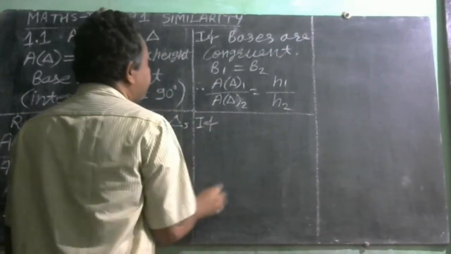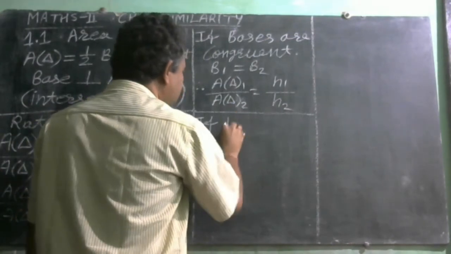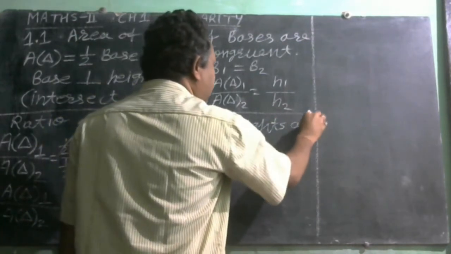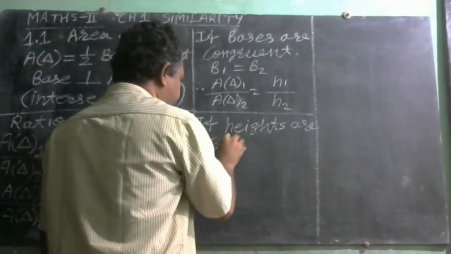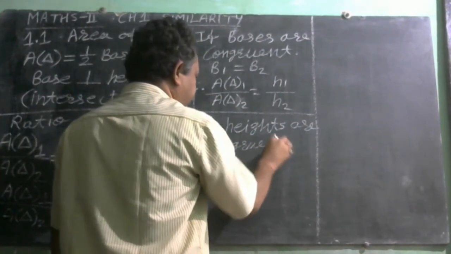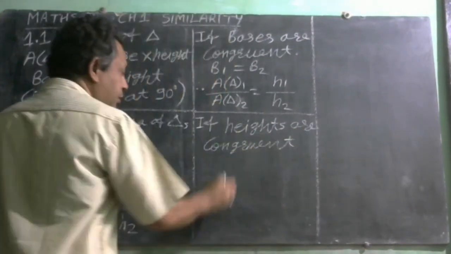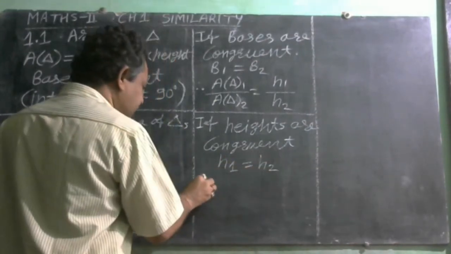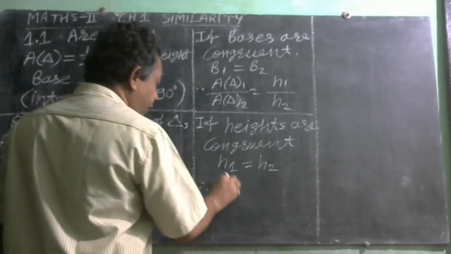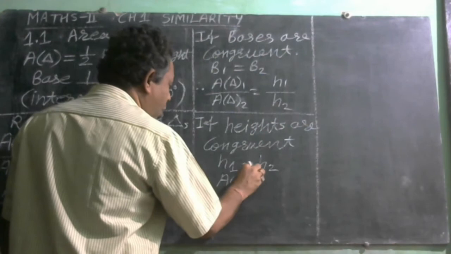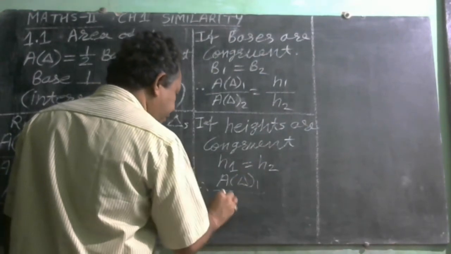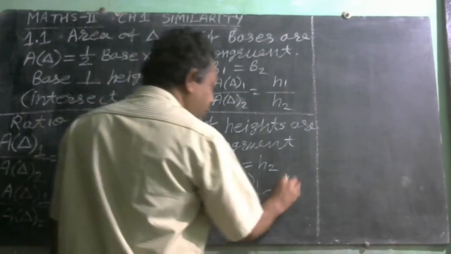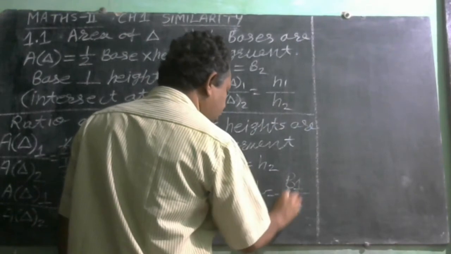If heights are congruent, what happens? H1 equal to H2. In that case, area of triangle 1 upon area of triangle 2 equal to base 1 upon base 2.